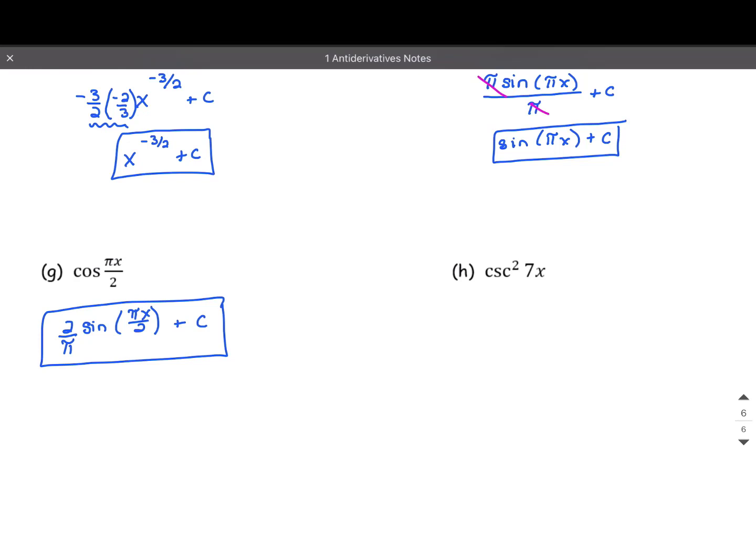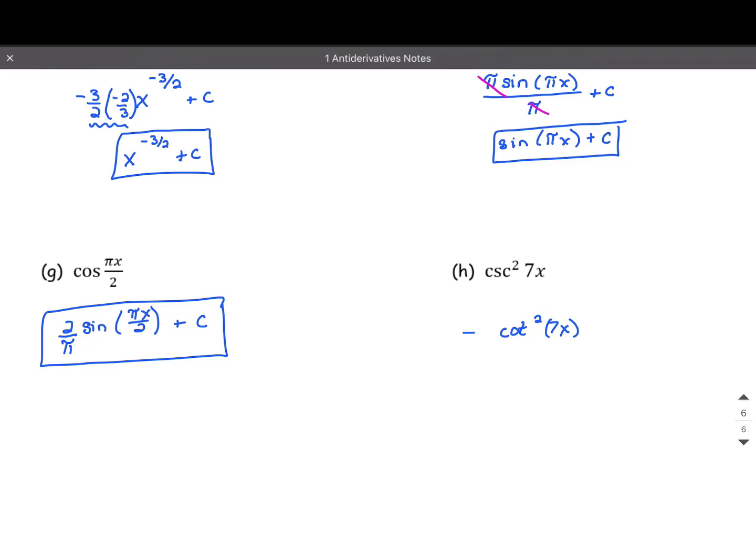Good job. One more. What has a derivative of cosecant squared? Well, that's a negative, right? All our cofunctions have negatives. Negative cotangent squared of 7x. But don't forget, we have to divide by the derivative of that angle 7x.